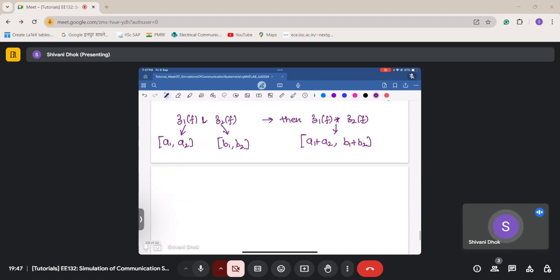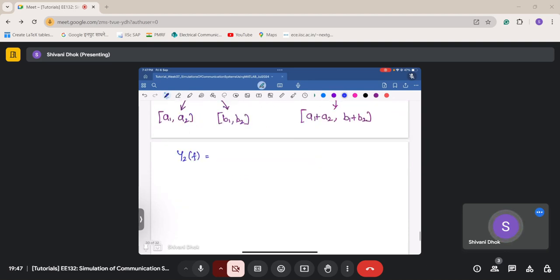Now what we have is y2(f) equal to 1 over 2 pi x1(f) convolved with x2(f). We know that x1(f) lies between minus fs1 by 2 to fs1 by 2, and x2(f) lies between minus fs2 by 2 to fs2 by 2.